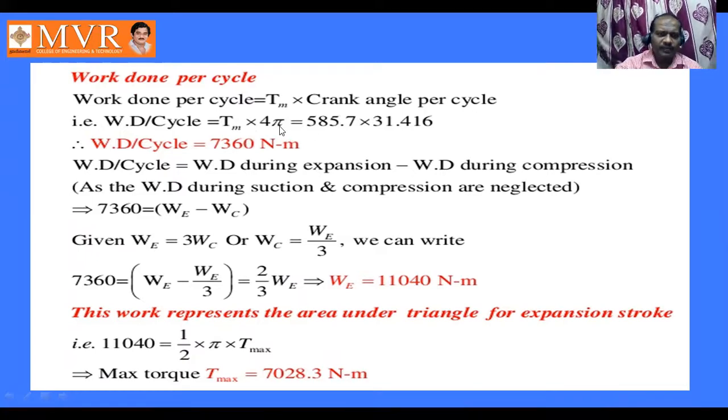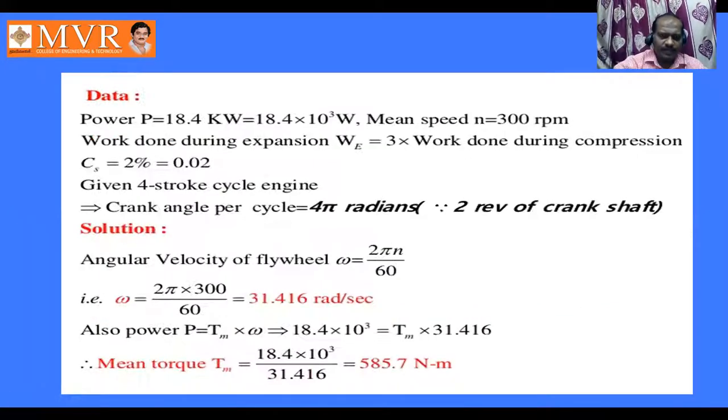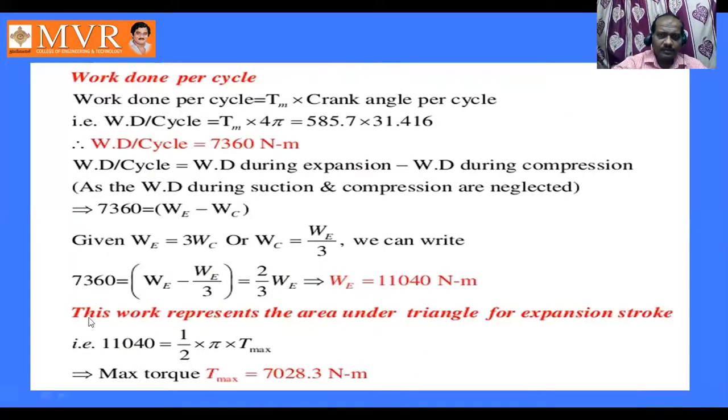So what can we understand from that? We already calculated the 4 pi value. Torque mean is equal to 585.7 and omega is equal to 31.416. So that is 31.41, and the crank angle per cycle is 4 pi.